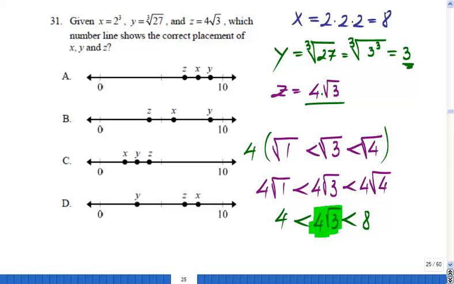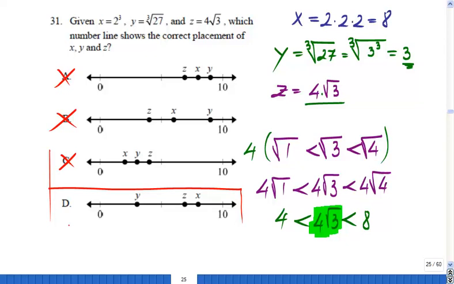Well, as you can see, I can eliminate B. B is not good because your y is very close to 10. A is not good because your y is actually in the same place. And I have to decide between C and D. What I know is X is 8. Well, C is not good. And I know D should be the right answer.